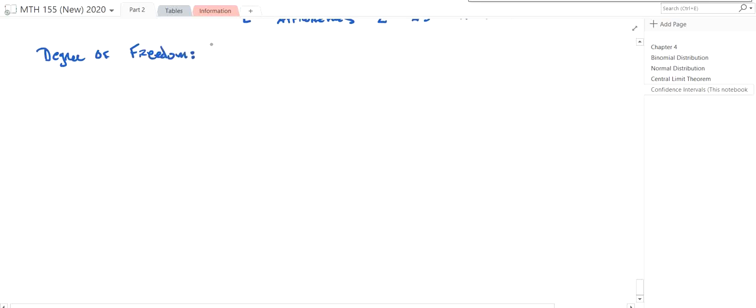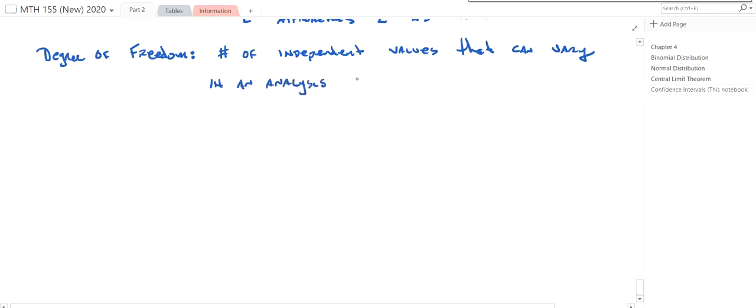Well, the degrees of freedom are the number of independent values that can vary in an analysis without breaking constraints.